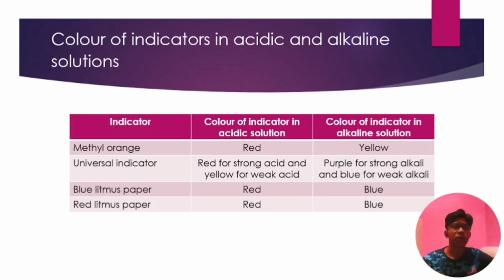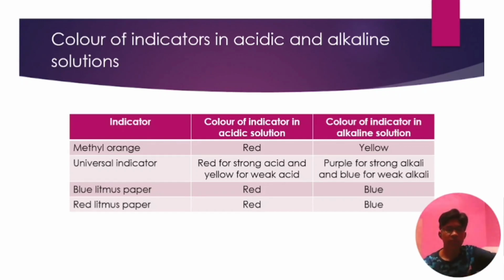After that, we have color of indicators in acidic and alkaline solutions. We have four indicators that we can use to find if that solution is acidic or alkaline. We have methyl orange, universal indicator, blue litmus paper, and red litmus paper.